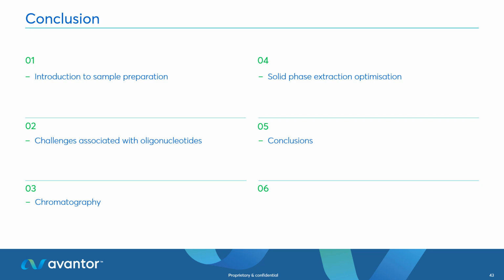Excellent. The first, and thank you for a very interesting presentation. I like the stepwise approach to the development there. Have you tried any other approaches for the SPE methodology? Yeah, absolutely. It's a really good question for whoever sent that in. So we looked at using pH in order to control the state on the WAX material. And this is the classical way in which you would use it for small molecules.